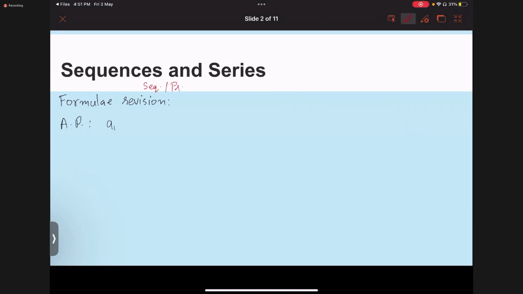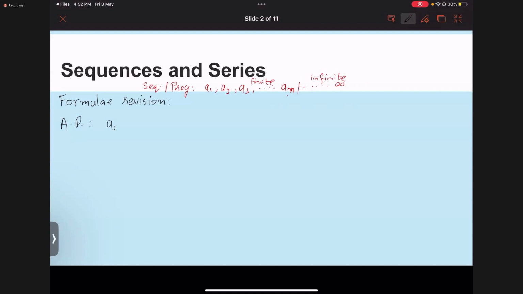slash progression can be given to you as A1, A2, A3, all the way up to An, or it can also go up to infinity. So this is your finite sequence when it is up to the nth term, or it is an infinite sequence when it goes all the way up to infinity.